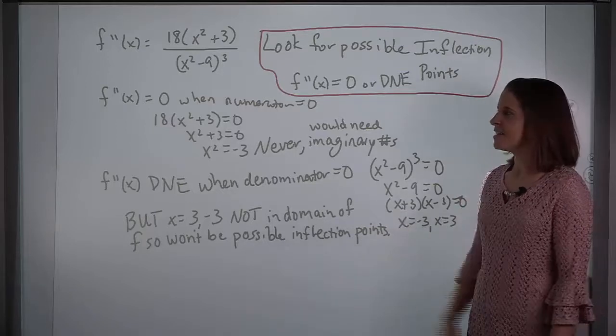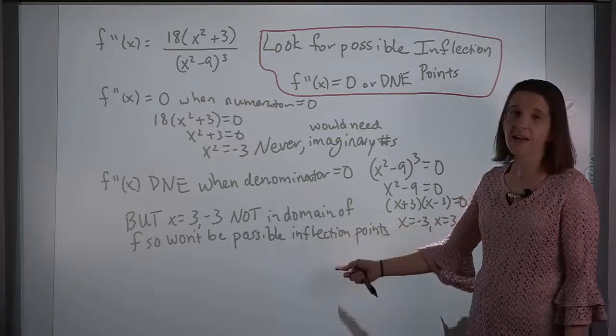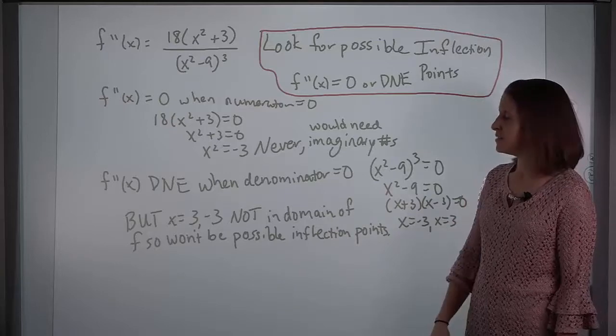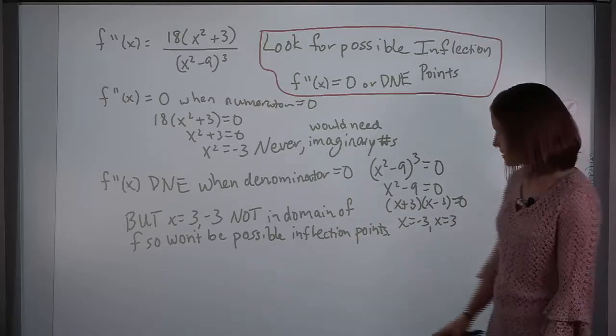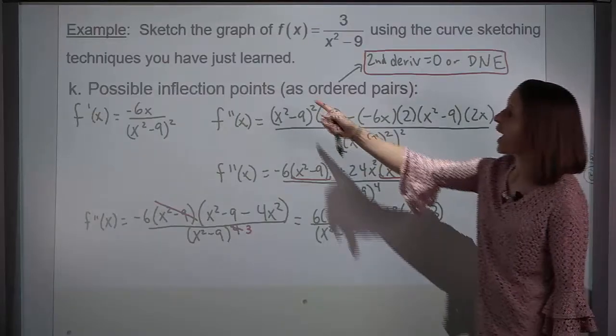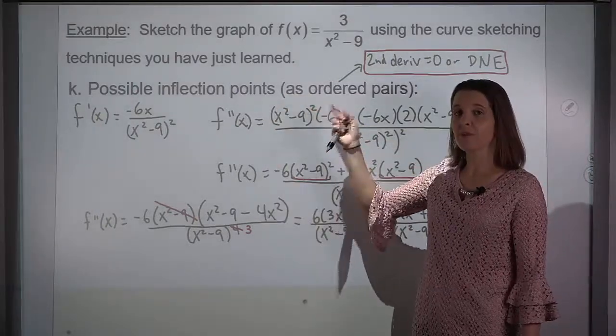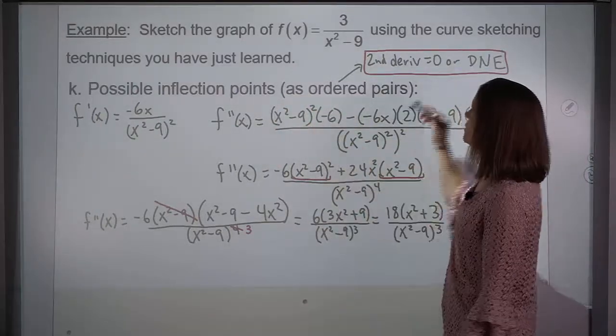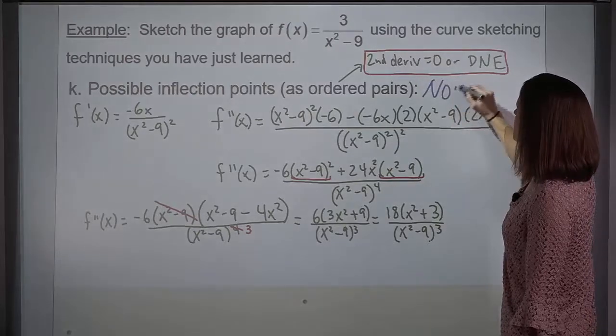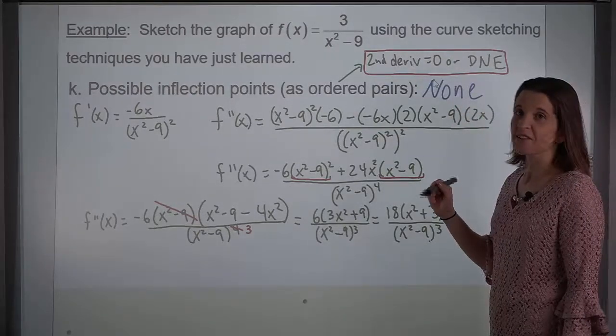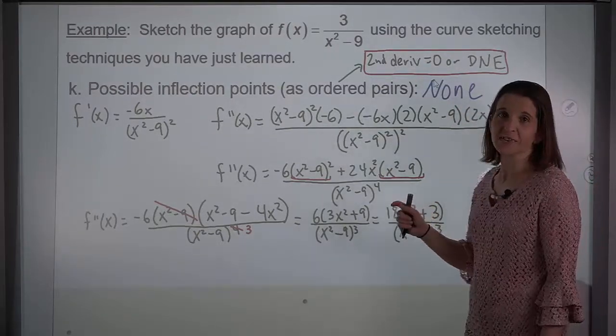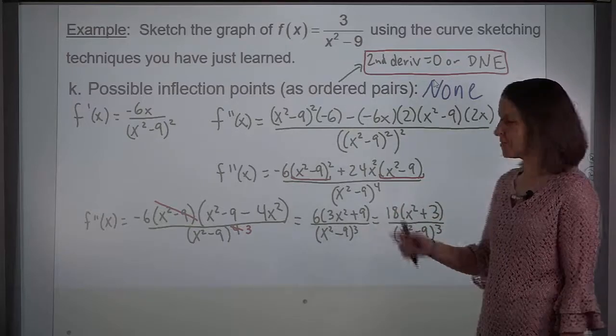They can't be an inflection point of it. So they are not possible inflection points. So back on the part where you were asked for possible inflection points, you would write none, okay?